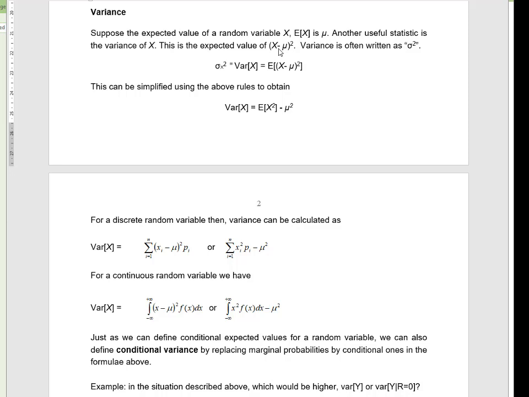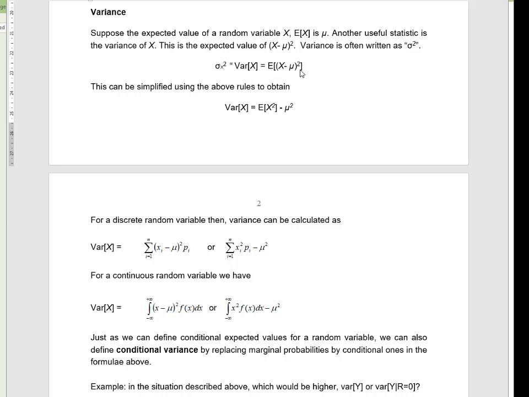So it's like how far away is each value of x from the expected value, squared. So it's that expected difference from the mean squared. And it's often written like this, sigma squared, small Greek s squared. So the definition is the variance of x is this expected value.